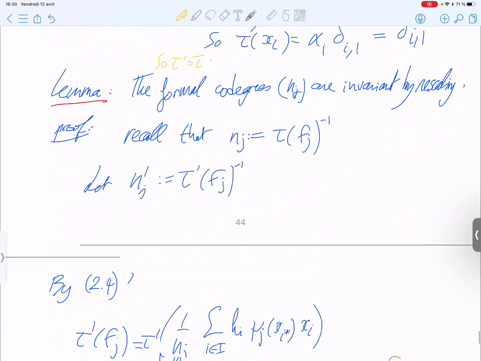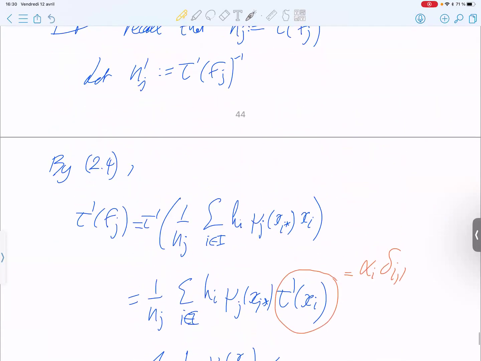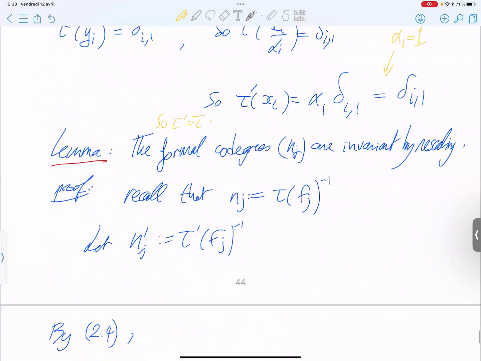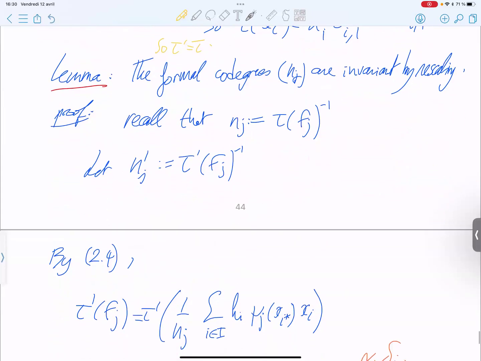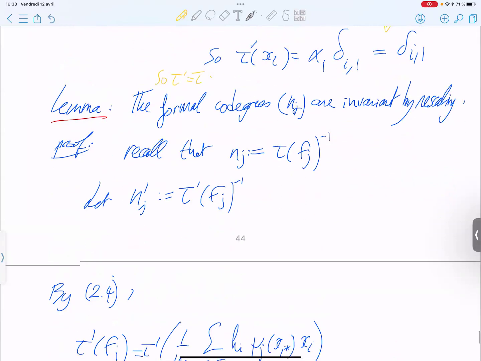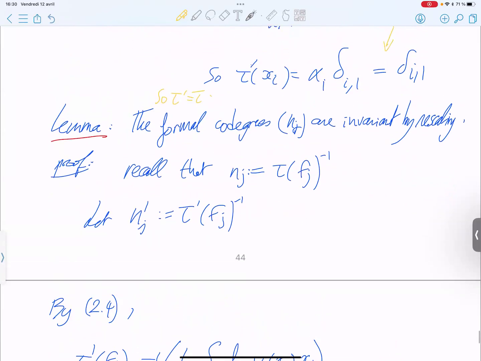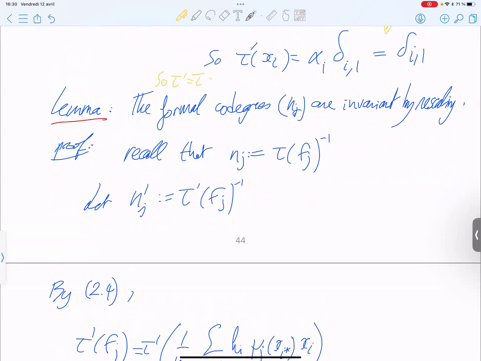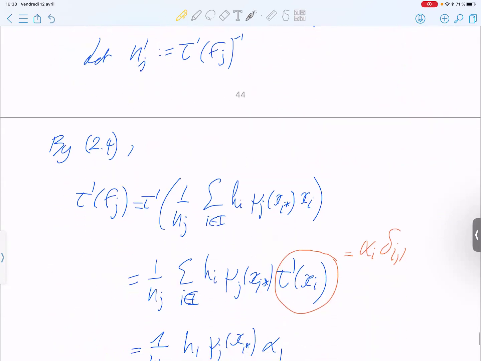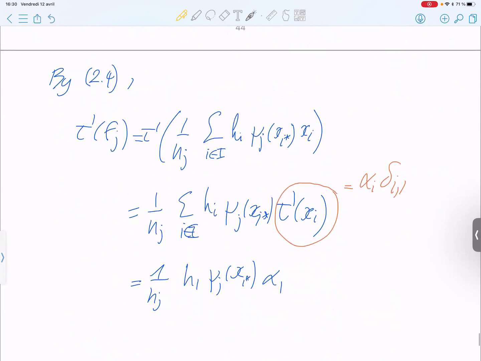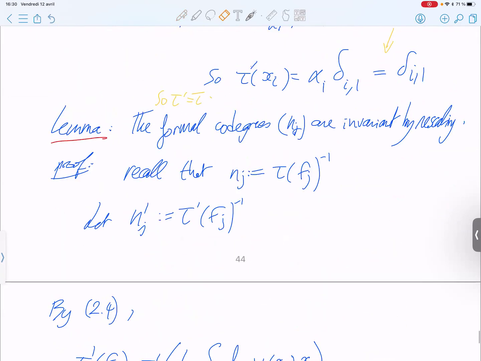Okay, so I can remove that. Oh, formal codegrees are invariant by rescaling. Anyway, so here you just have. So what should I write then? But this is not necessary.